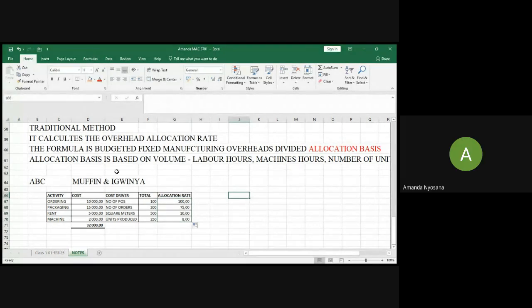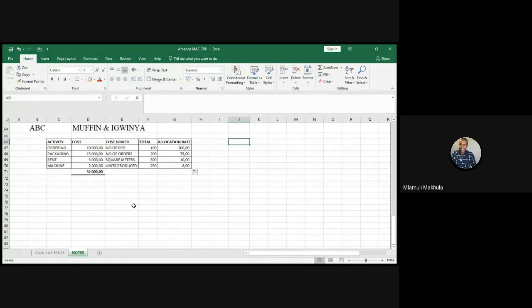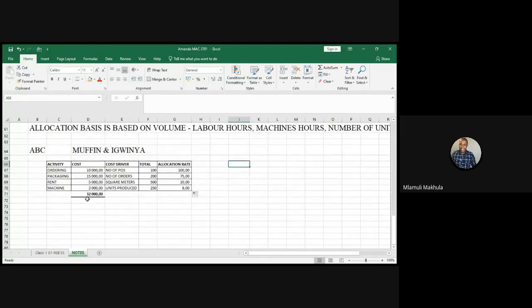So now we have 32,000. This 32,000 must be allocated to the muffins and the vetkoek, my friend.